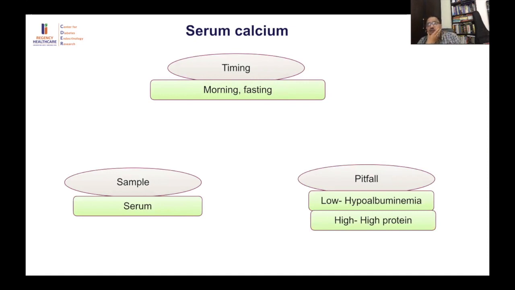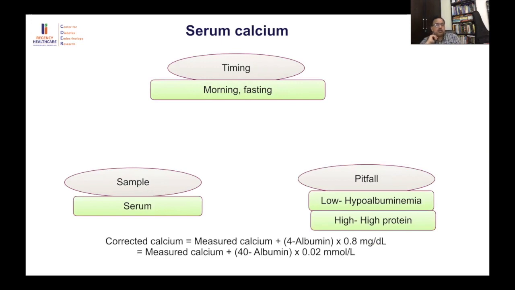And you may also have pseudohypercalcemia because of high protein. So you have to be careful in these two situations. We can use formulas to correct for calcium, which we discussed in that case. For every 1 gram per liter decrease in albumin, we have to add 0.8 milligram per dL to the calcium level. So this formula can be used to assess that.